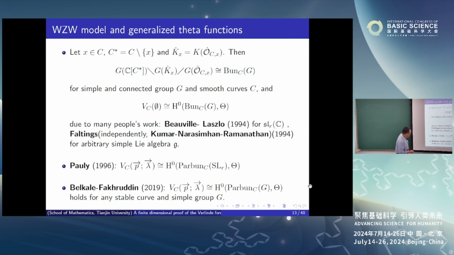In fact, for me, it's not clear, but this identification tells you that this must be finite dimensional. I do not know why. It means that there is a lot of mathematics which we do not really understand. Of course, maybe I don't know why this holds.